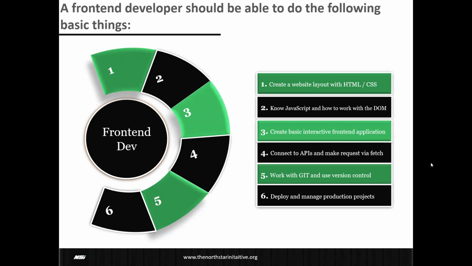In this slide, what we have here, a front-end developer should be able to do the following basic things. As a front-end web developer, you're expected to know how to do these basic things, right?